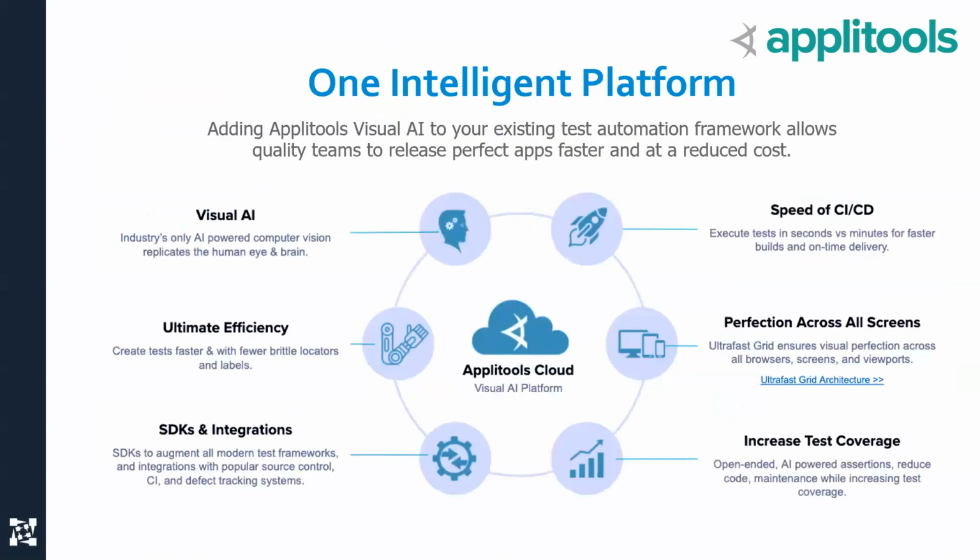So how do we do it, right? This is the Applitools platform, and adding Applitools Visual AI to your existing test automation framework, especially like what you'll see here today with Parasoft Selenic, allows quality teams to release perfect apps faster and at a reduced cost. At the heart of our platform is Visual AI.